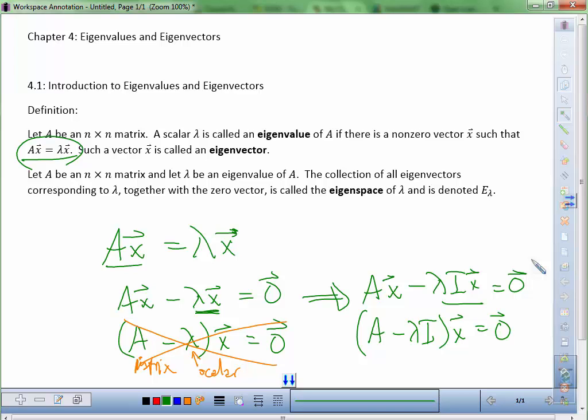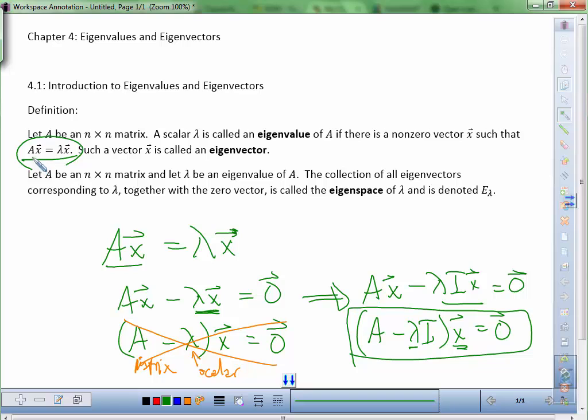So this will allow us to find the eigenvalue with the corresponding eigenvector if we can solve for this equation, if we have one or the other. Or if we have none, I suppose we can try to find it too. And we'll see how that works out. Okay? So this is going to be our equation.